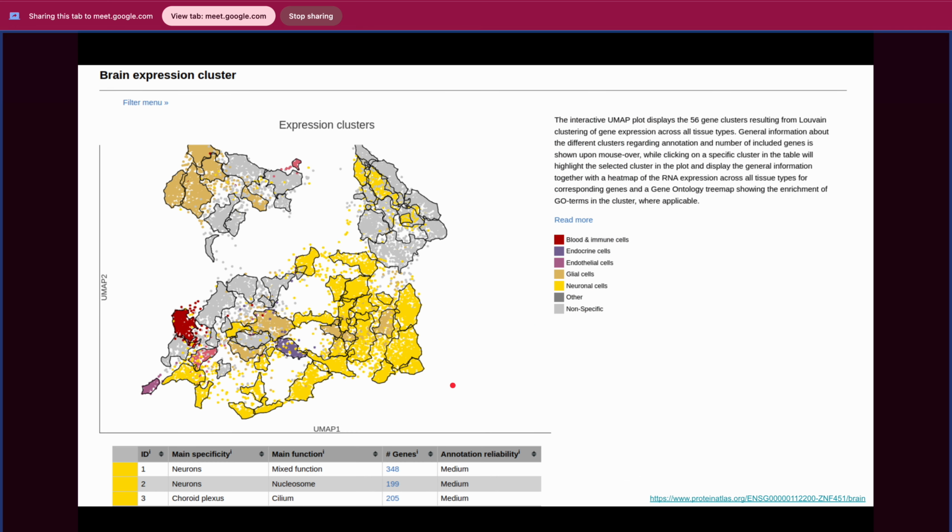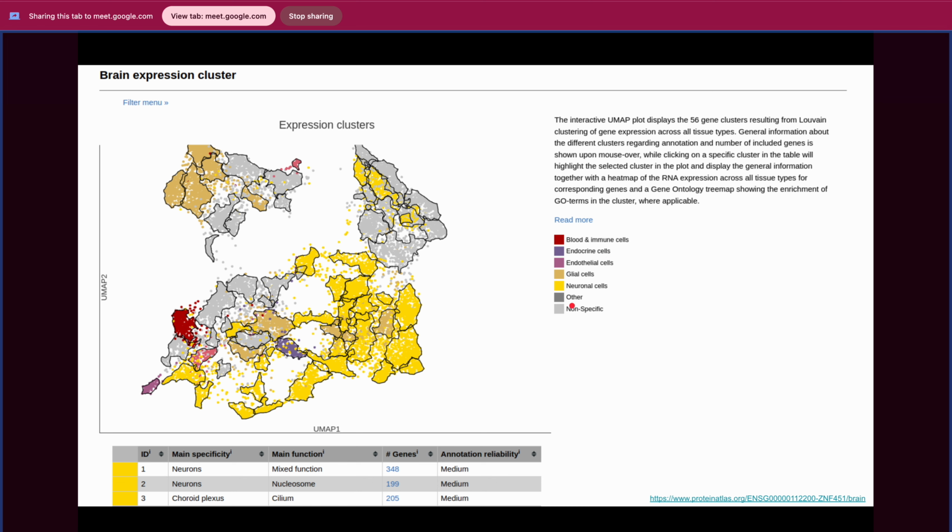As in week 3 or 4, we were discussing dimensionality reduction. Similarly, UMAP is also another way of dimensionality reduction, and this is simply used to divide or categorize the data into different categories. So in this case, blood and immune cells, endocrine cells, endothelial cells, glial cells.